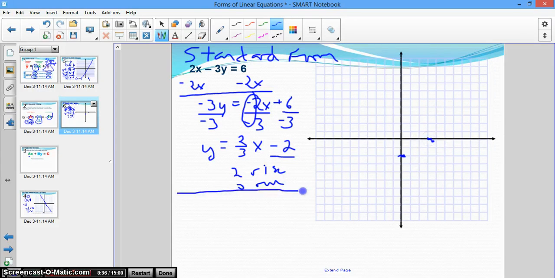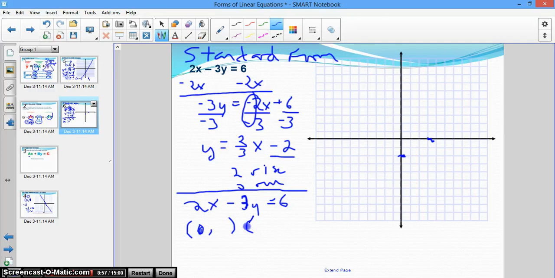Now, this form of the equation is also very useful in finding the x and y intercepts. And the way we do that is by substituting in numbers. To find the y-intercept, we write 0.